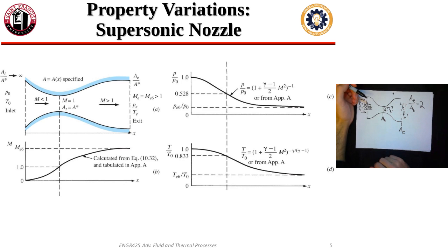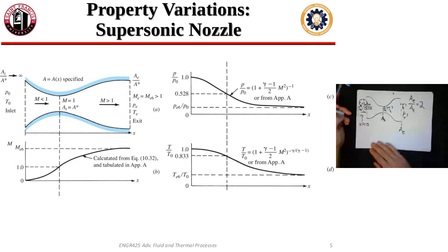So we know that velocity is approximately 0 in the reservoir. So these are actually stagnation conditions. Because this is isentropic flow, these stagnation conditions should remain constant throughout the entirety of the nozzle.